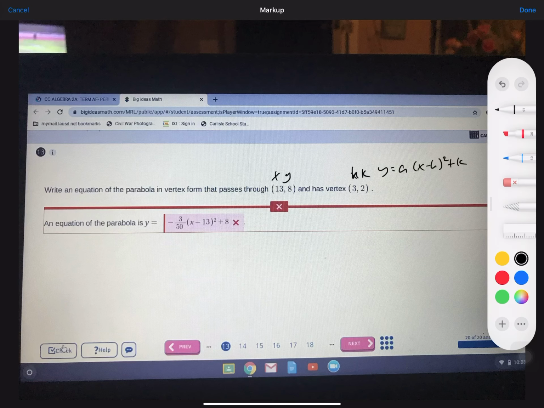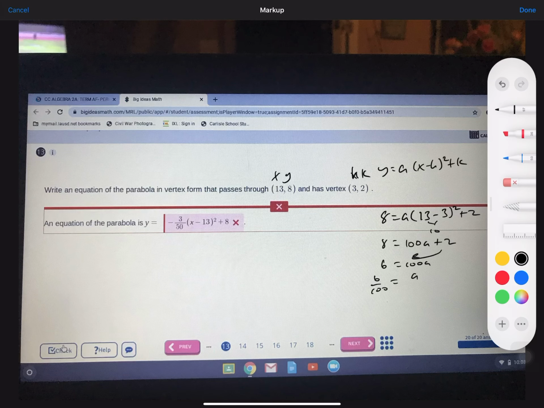We're going to say 8 is equal to a, because we don't know what a is, times (13 − 3) squared plus 2. This becomes 10, right? 10 squared is 100, so 100a plus 2. Subtract 2 from both sides. We're left with 6 equals 100a. A is equal to 6 over 100.